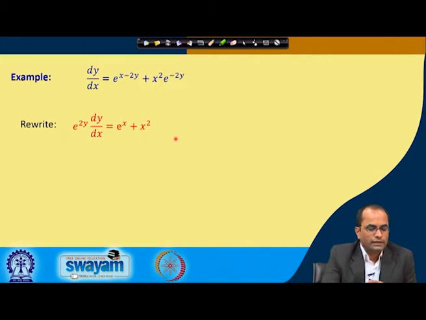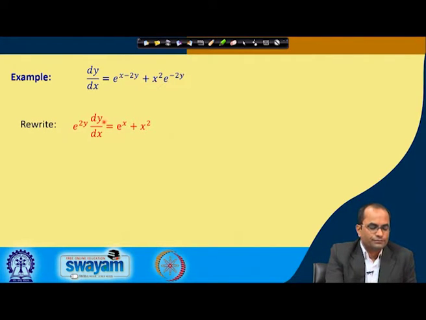Here we can rewrite this. We multiply e power 2y to the equation, and automatically the right hand side becomes e power x plus x square, free from y. So, we have everything a function of y on this side, and a function of x on the right hand side. Now we can easily integrate.